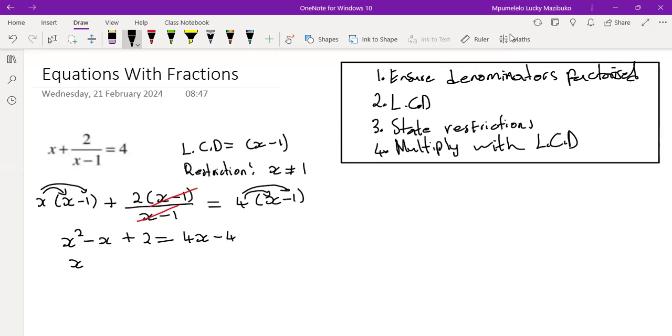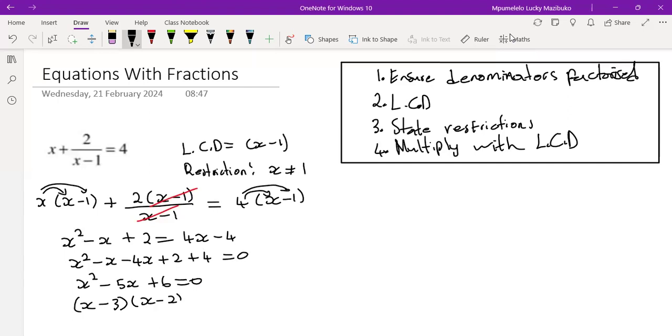You can then group your like terms: x squared minus x minus 4x plus 2 plus 4 equals to 0. This will then be x squared minus 5x plus 6 equals to 0. And the factors of that, if you factorize, you want the factors of 6 that when you add them together give you negative 5, that is negative 3 and negative 2, equals to 0.